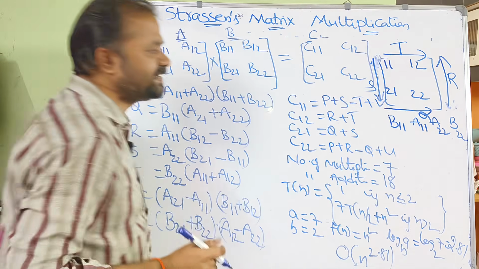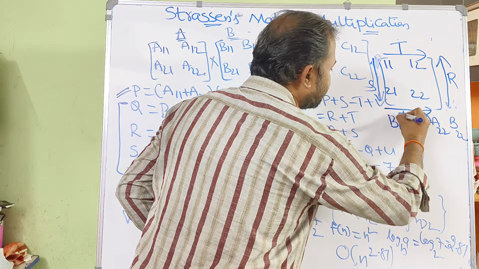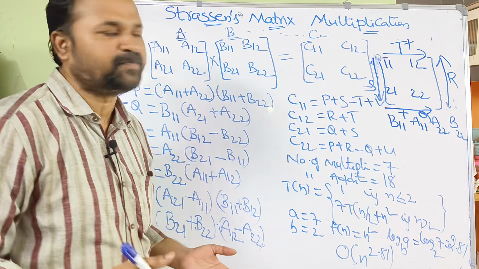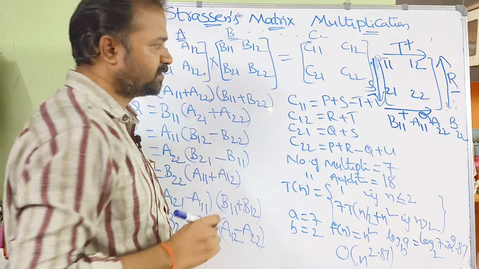So this is nothing but T. Here left to right means we have to do the addition operation, whereas top to bottom and bottom to top mean we have to do the subtraction operation.